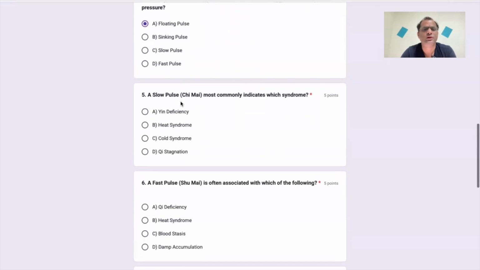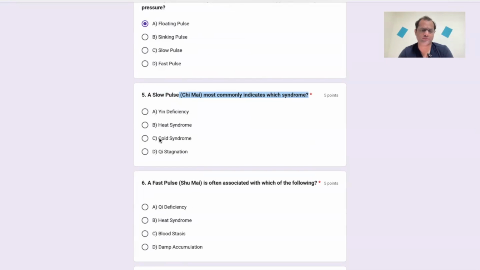Question number 5. A slow pulse most commonly indicates which syndrome? Cold syndrome. So slow pulse is indicating cold syndrome.